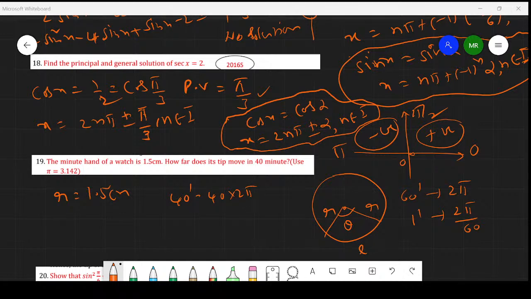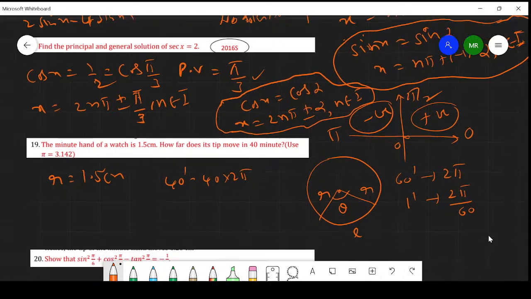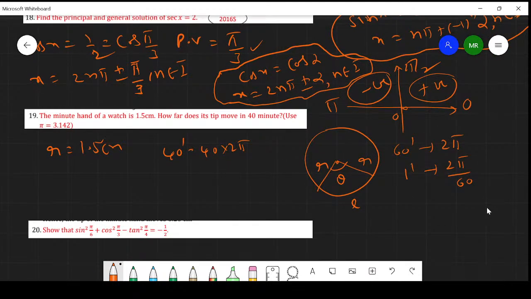If I write 40 into 2 pi by 60, it comes to 4 pi by 3 radians, am I right? 4 pi by 3 radians, this is theta. So I have theta is equal to 4 pi by 3 radians.